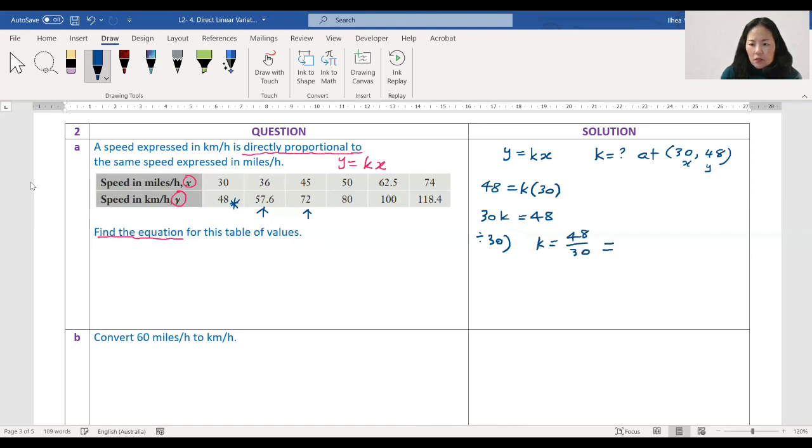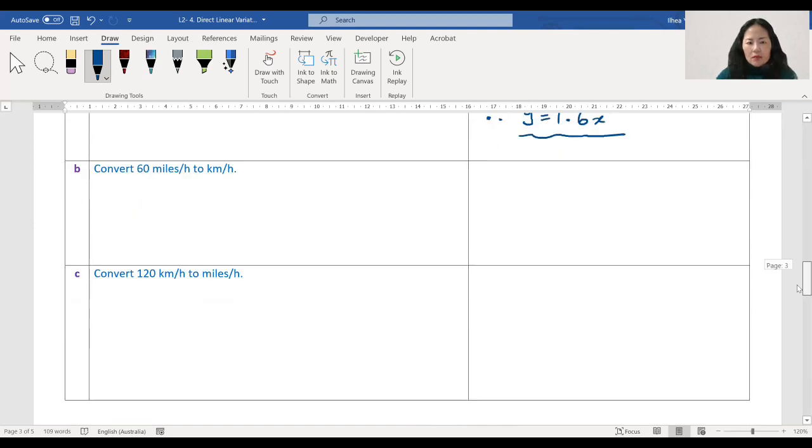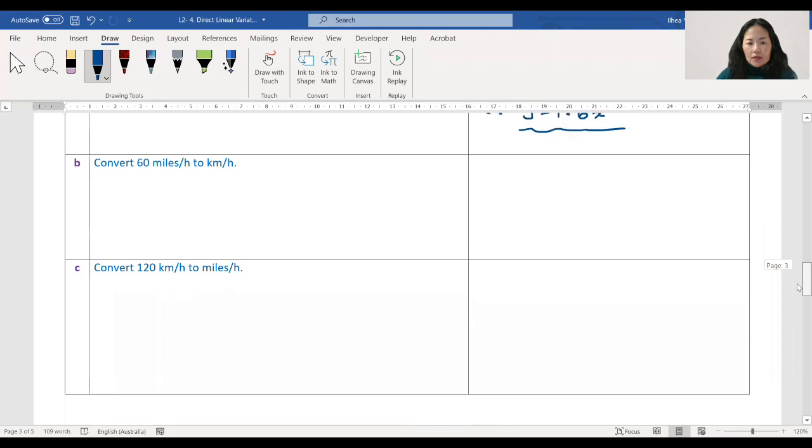That'll just give me 1.6. Now, that's not my answer. The answer is the equation. So I need to put it in the equation form, y equals 1.6x. Again, this means every 1x, you'll get 1.6y. Now, we need to convert. So let's have a look at this one.